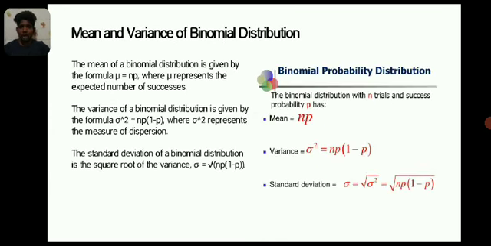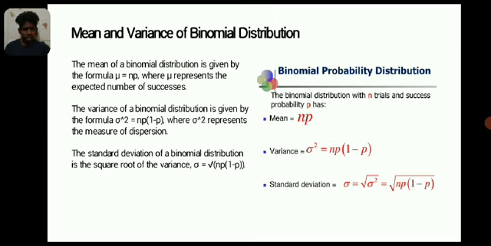Now the next topic, that is mean and variance of binomial distribution. The mean of a binomial distribution is given by the formula mu is equal to np, where mu represents the expected number of successes.